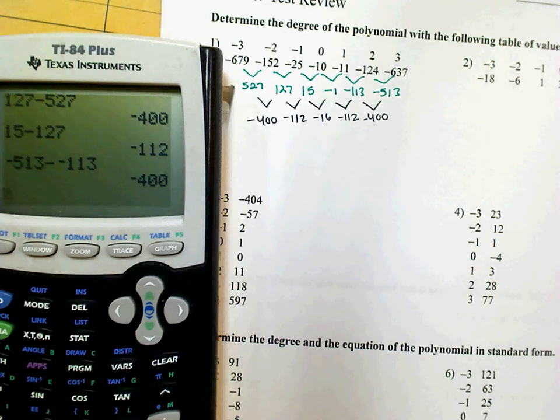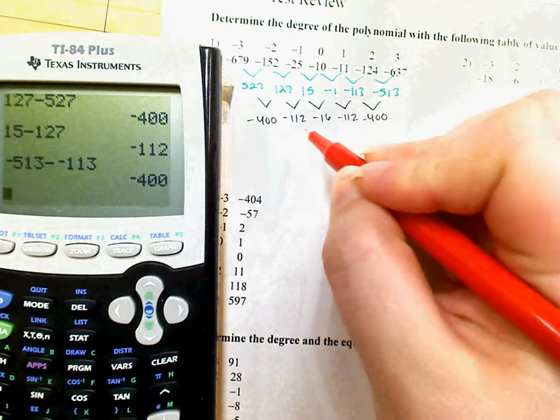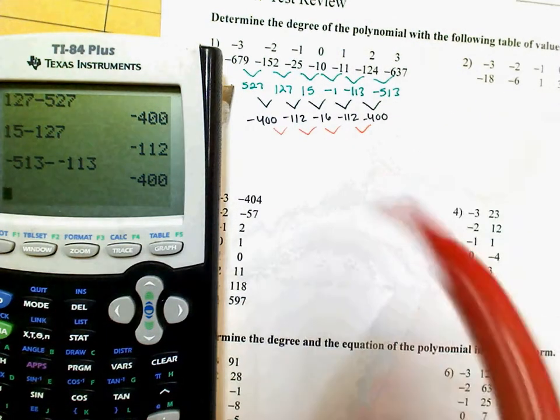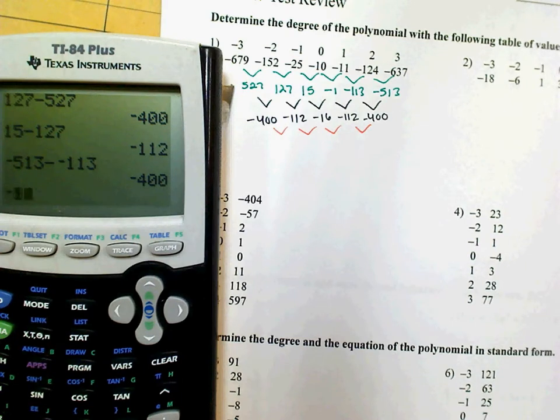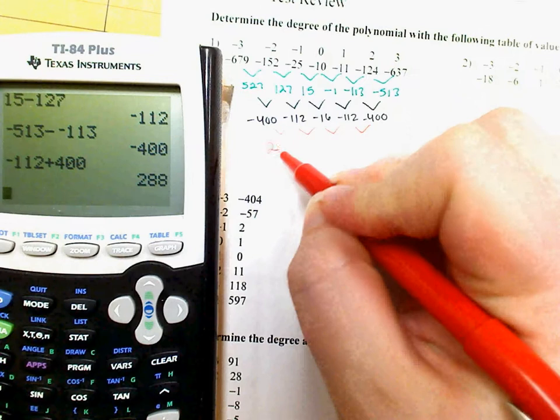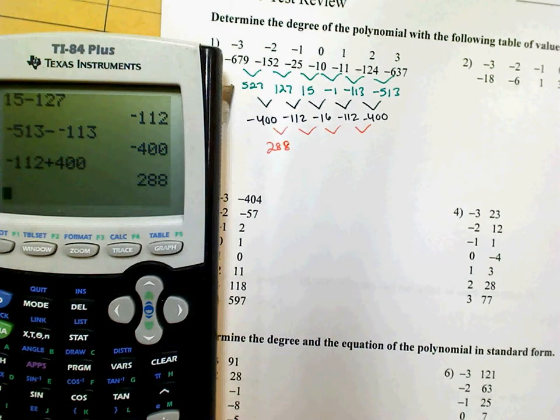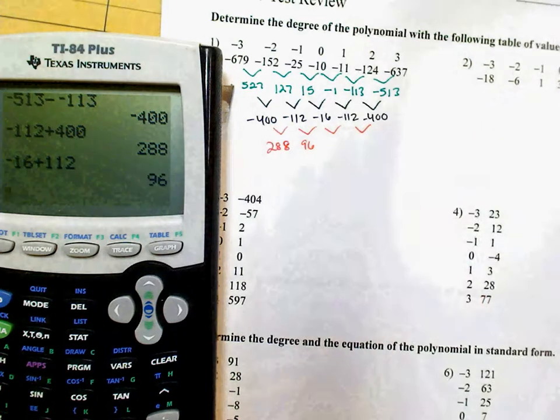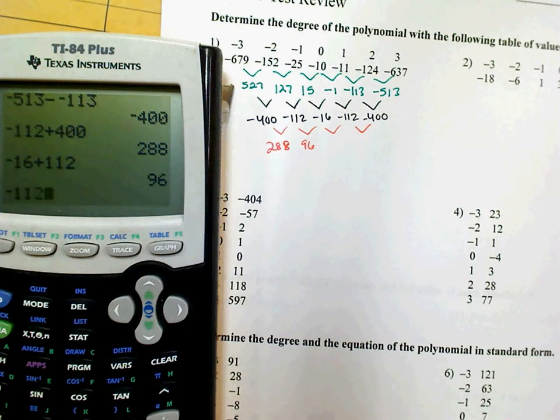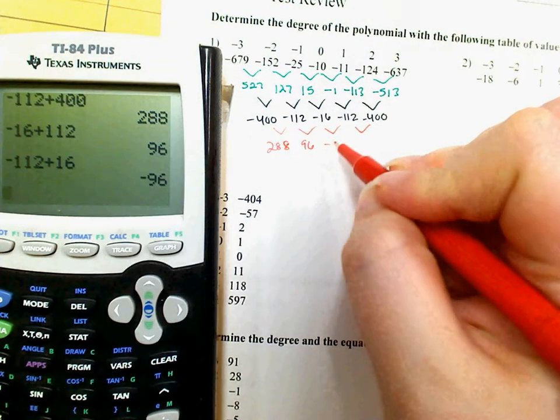We just keep going until we have the same. So, negative 112 plus 400, or minus a negative, is 288. Negative 16 plus 112 is 96. Negative 112 plus 16 is negative 96.